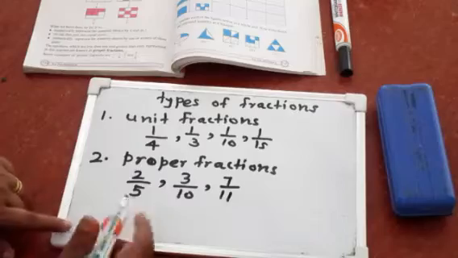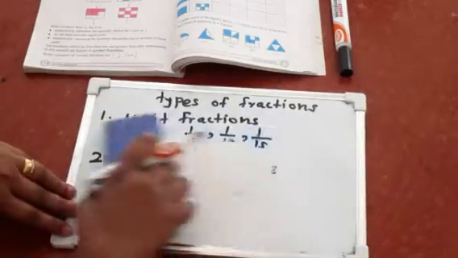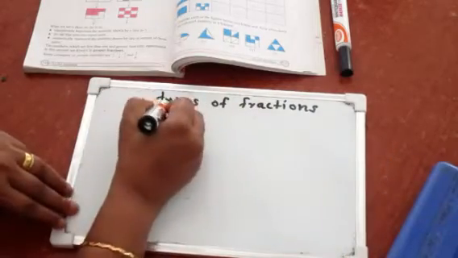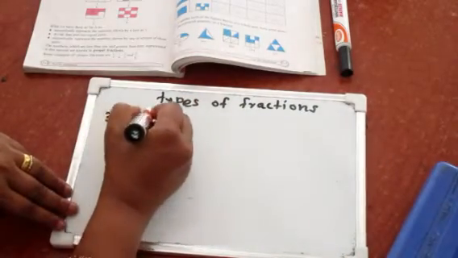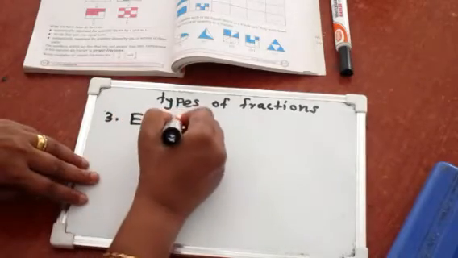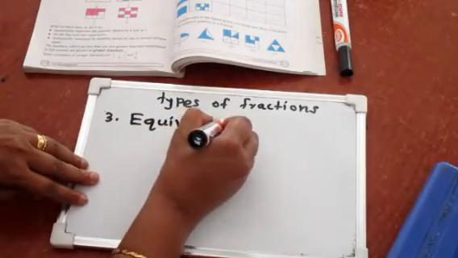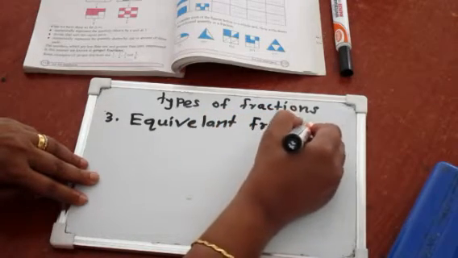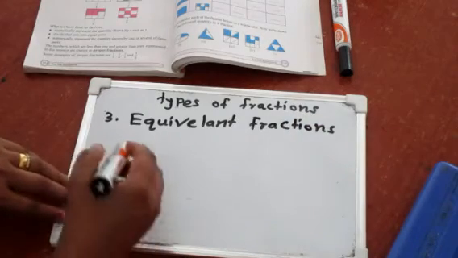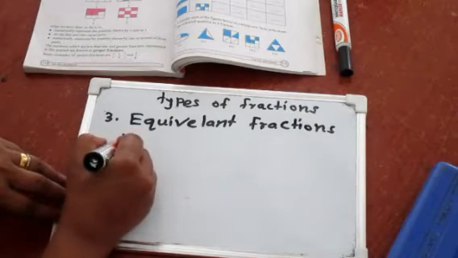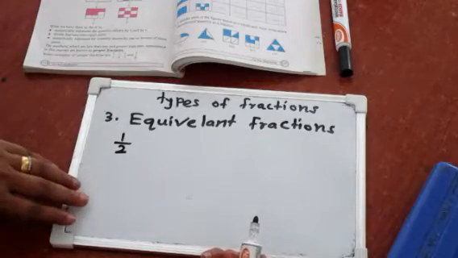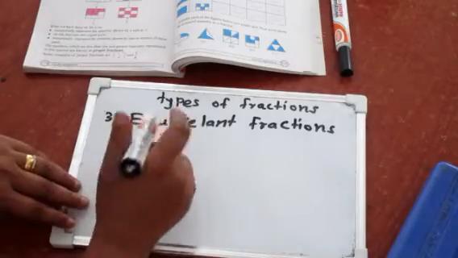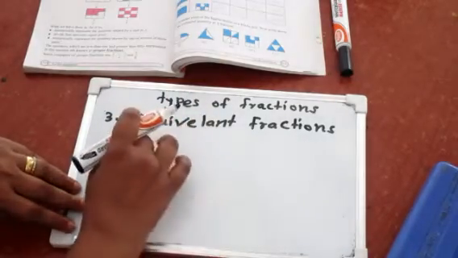Now next one is equivalent fractions. The third type is equivalent fractions. Now see this example, 1 over 2. Now we can form equivalent fractions using figures.